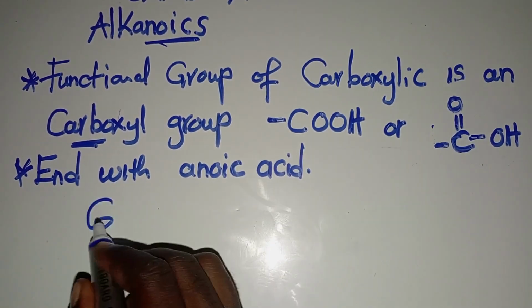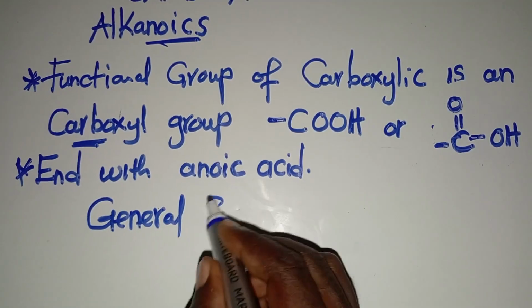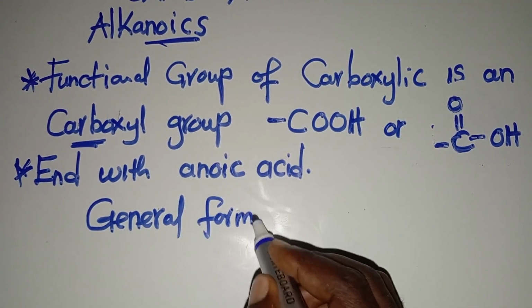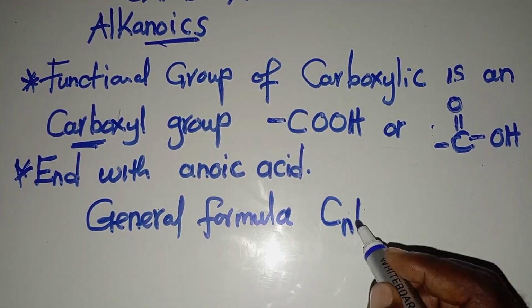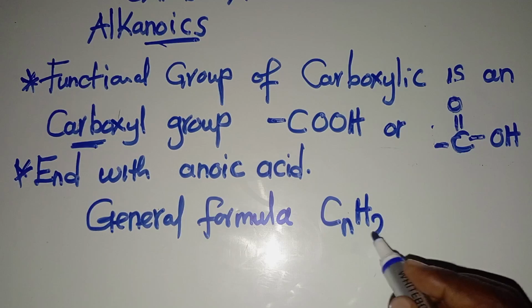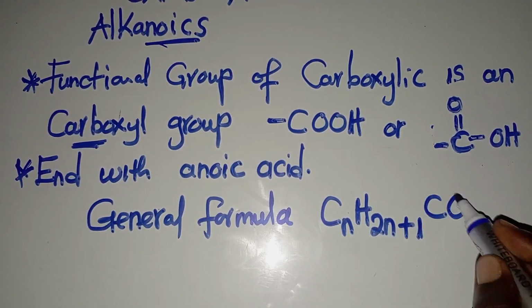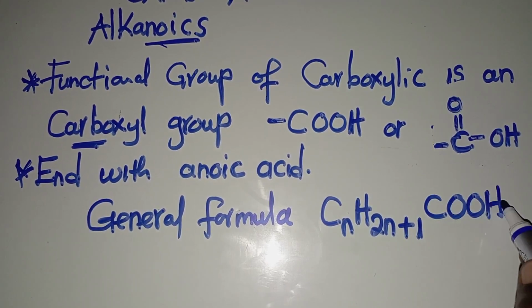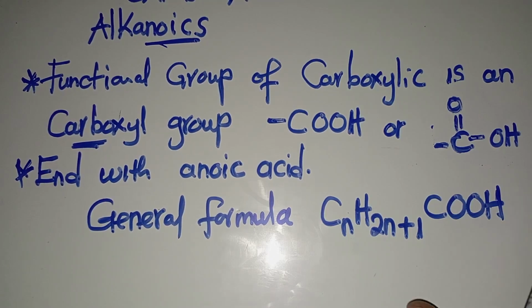The general formula for carboxylic acids is CnH2n+1COOH. This is what we call the general formula. Where n, but this one is quite different.